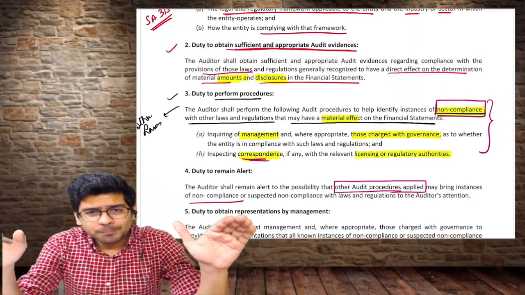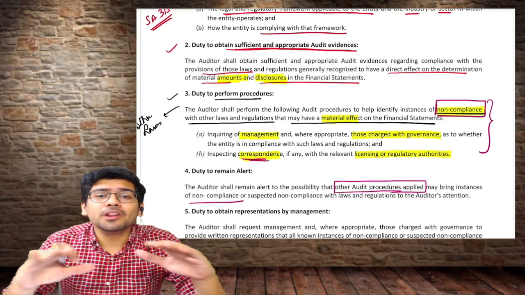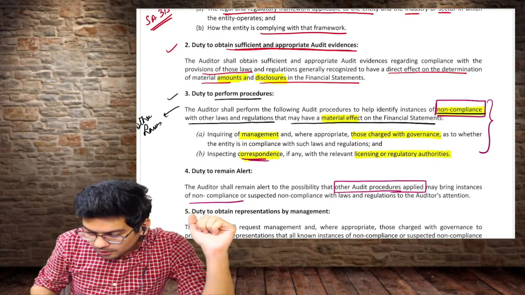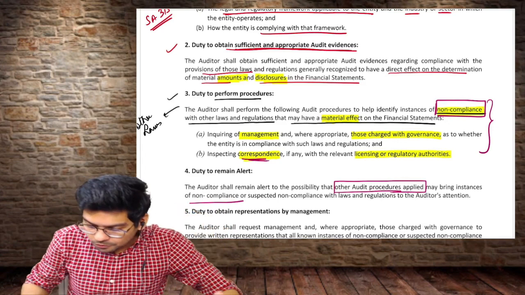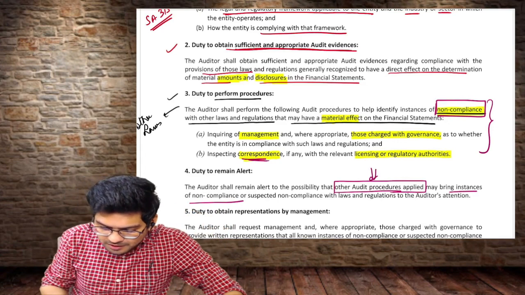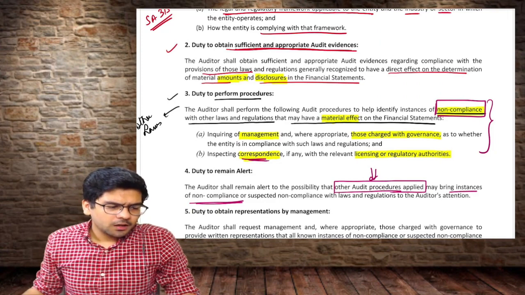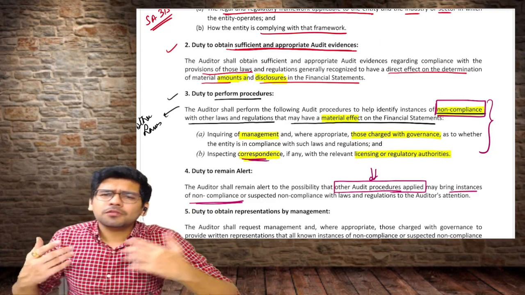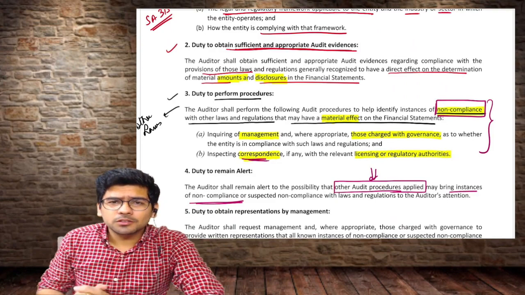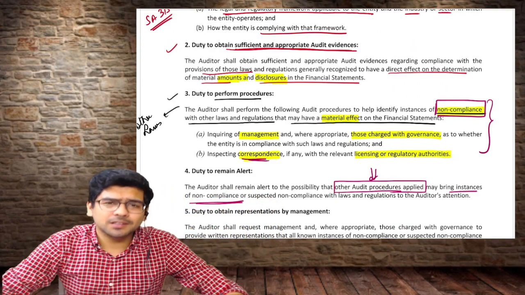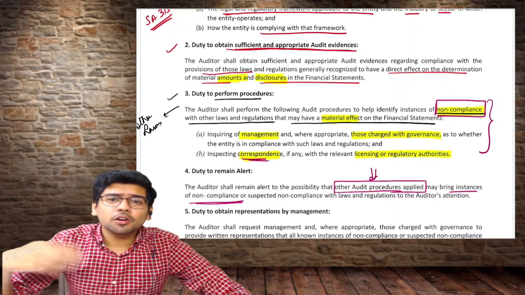So the point simply says that the auditor should remain alert throughout the audit. The auditor shall remain alert to the possibility that other audit procedures applied by him may bring instances of non-compliance. Let's say he visits a factory for some reason, and all of a sudden he sees a lot of children working there. His intention was to do different procedures and get some other evidence, but he sees a lot of children working there.